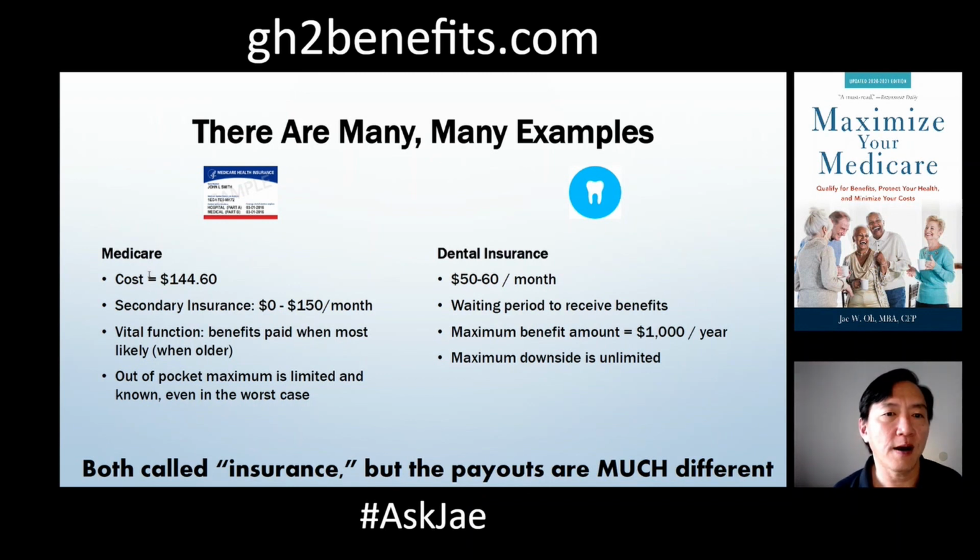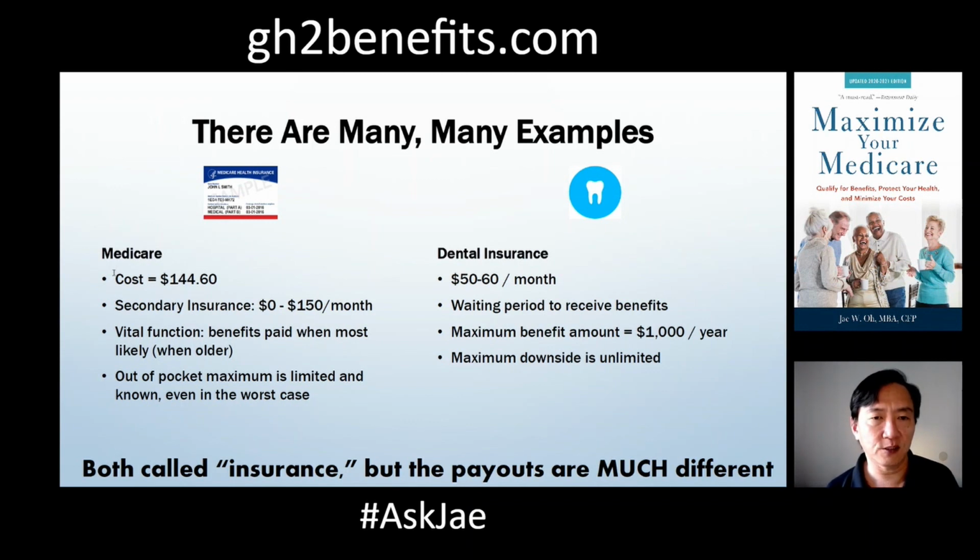And even in the worst case for Medicare, depending on the type of secondary insurance you may have, your out-of-pocket maximum, the most you can lose in a given year, is known. It's known, fixed. So you can calculate what is going to happen.